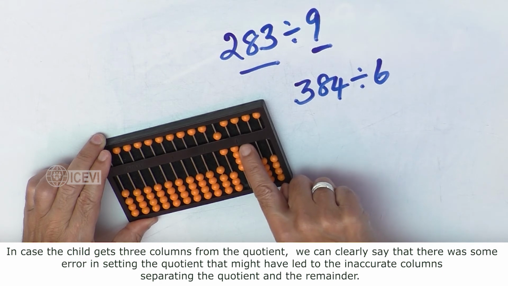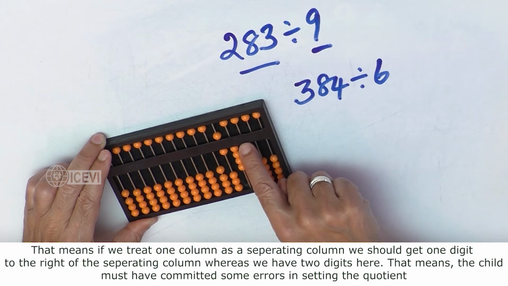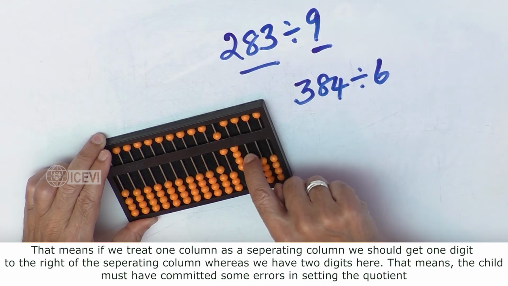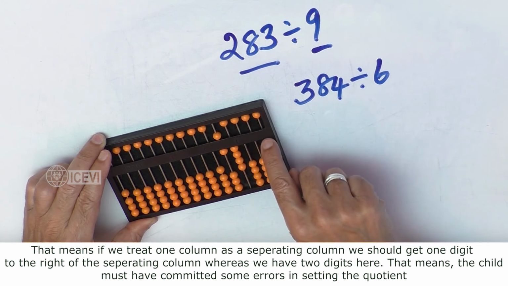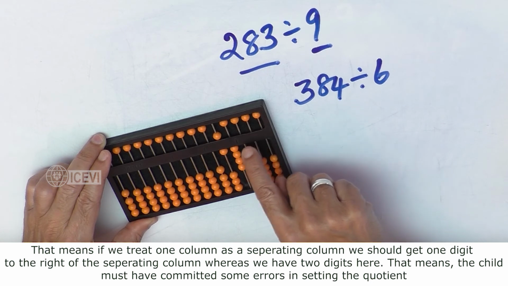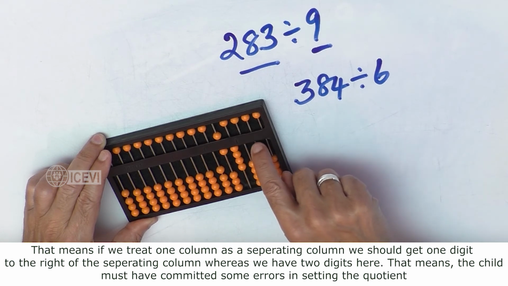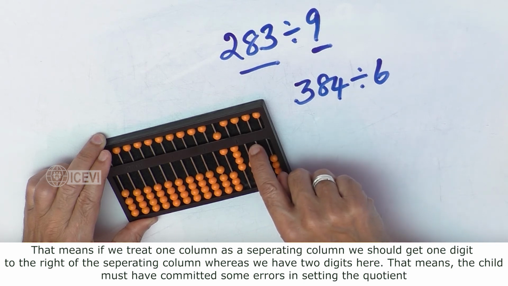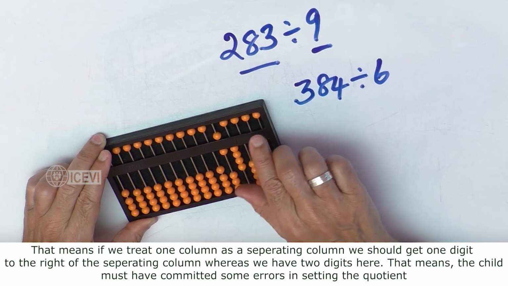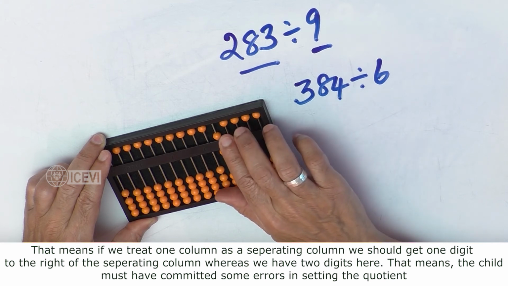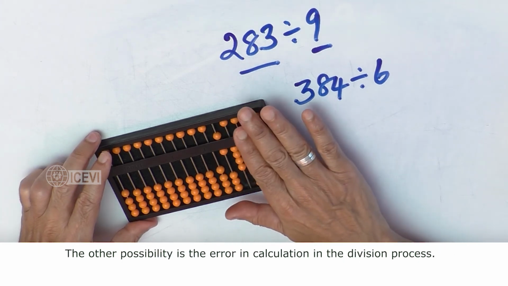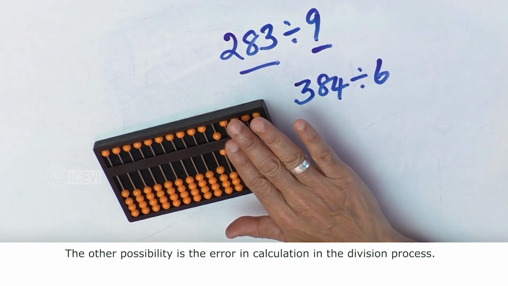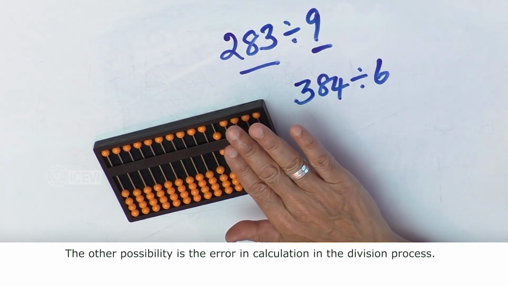Here we see there are 3 columns. That means if we treat one column as a separating column, we should get only 1 digit to the right of the separating column, whereas we have 2 digits here. That means the child must have committed some errors in setting the quotient. The other possibility is the error in calculation in the division process.